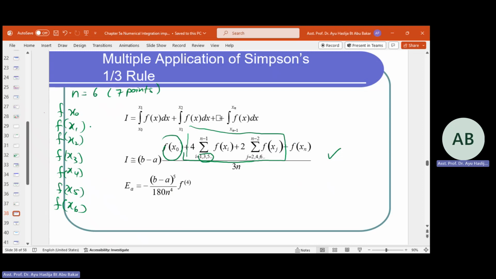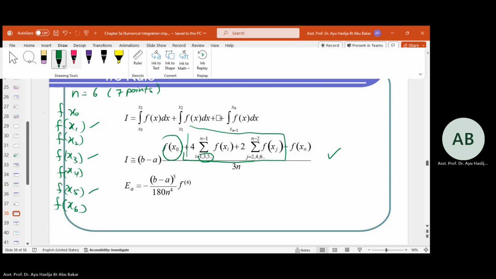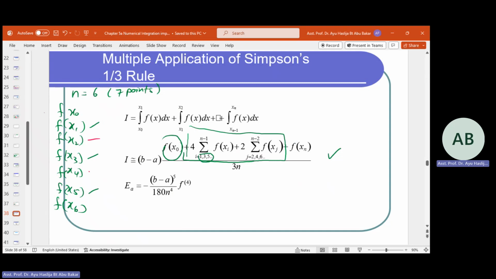So the odd ones will be 1, 3, 5. Then these values multiply by 4. Plus, this part is the summation of even numbers. So even here, it involves only 2 and 4.